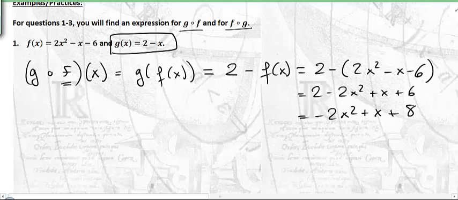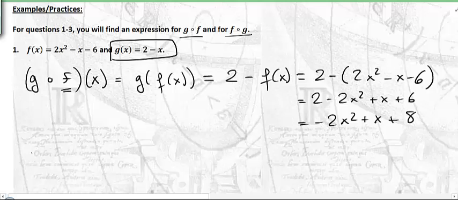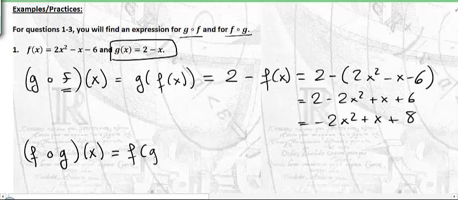Let's try to find the expression for the other composition. This is f composed with g at x. So what's going on? The input of f is now g of x. Well, what does f do? Well, f is a little bit more complicated than g, okay? This is what happens to the input.